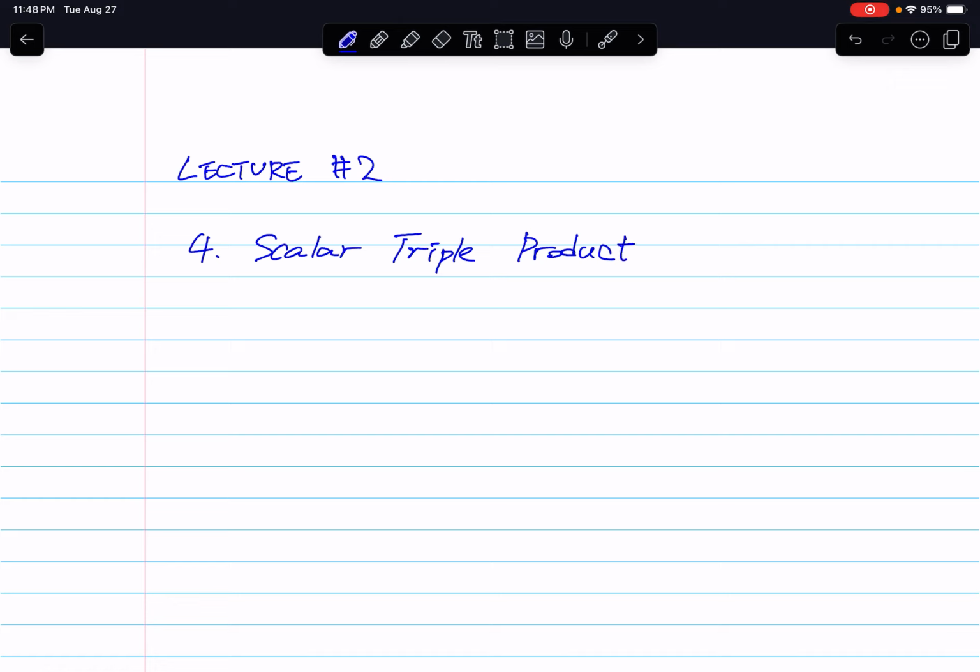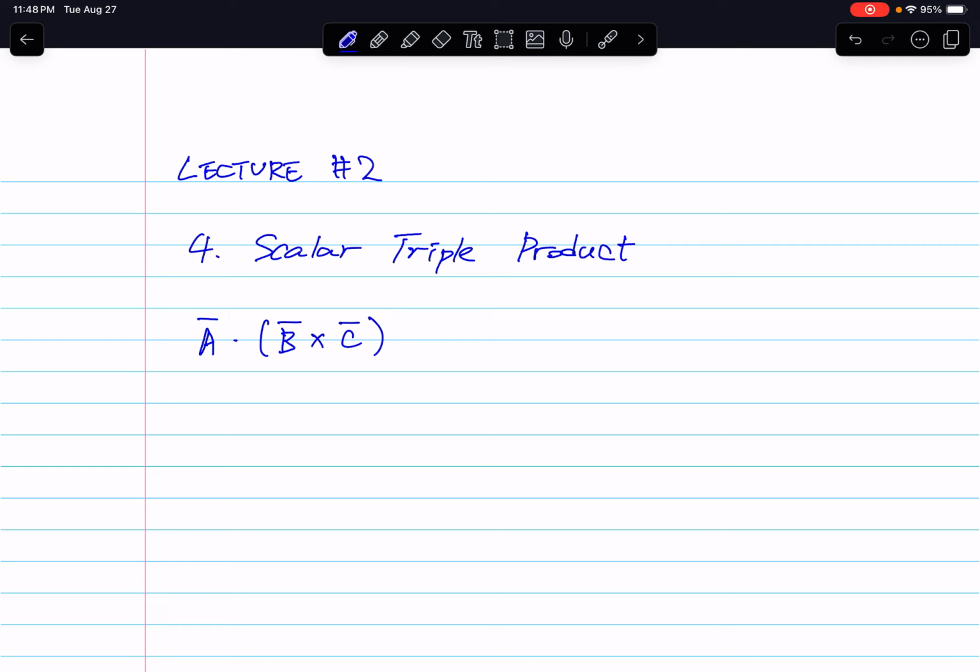Okay, the scalar triple product goes like this. So we have a dot product between vector A and the result of vector B cross C. Okay, so this is a scalar triple product.